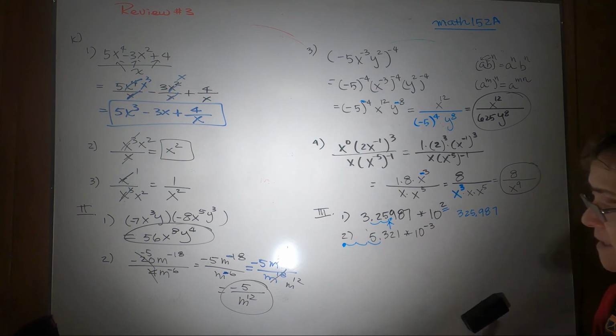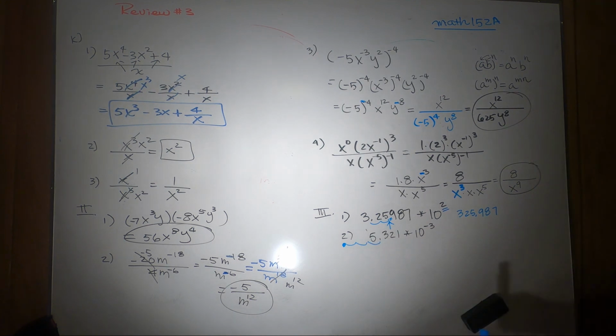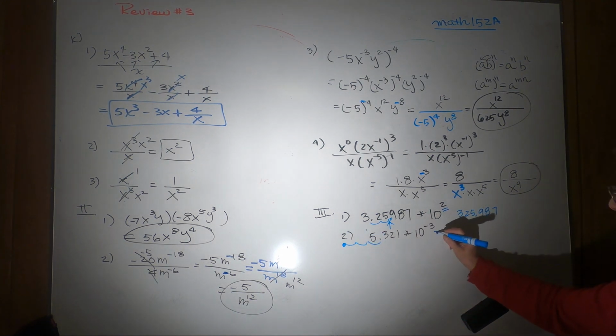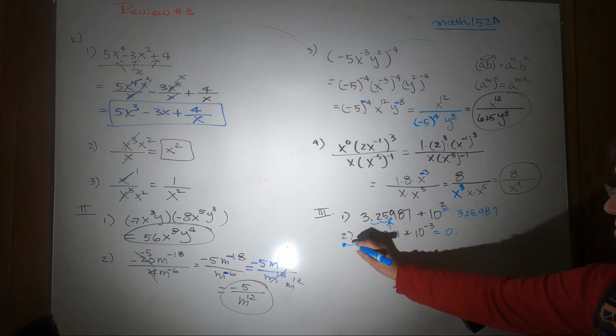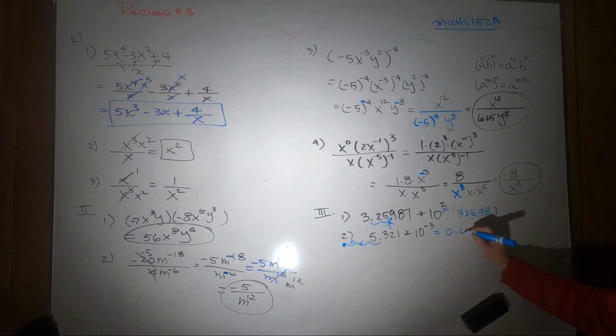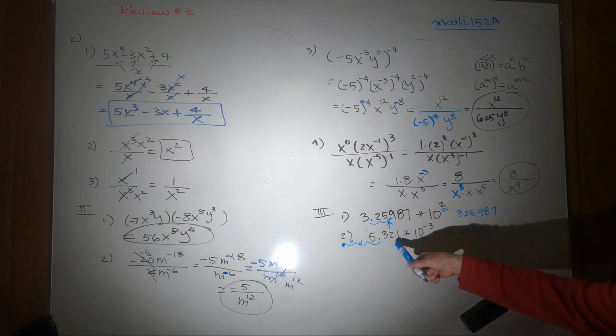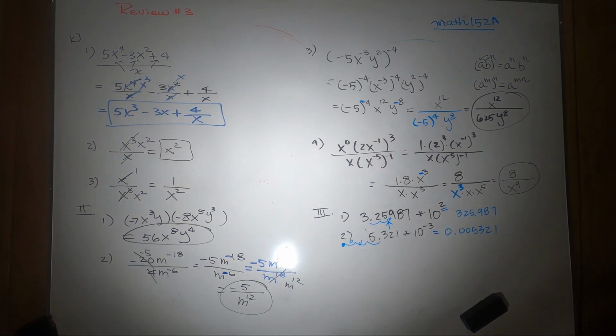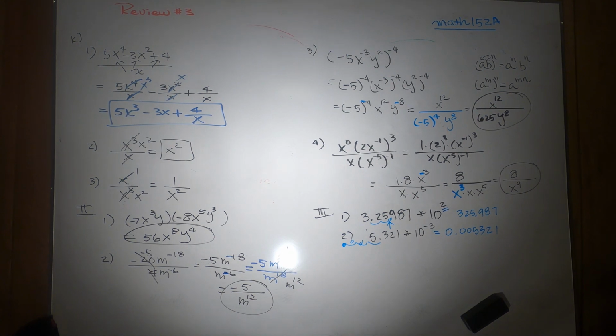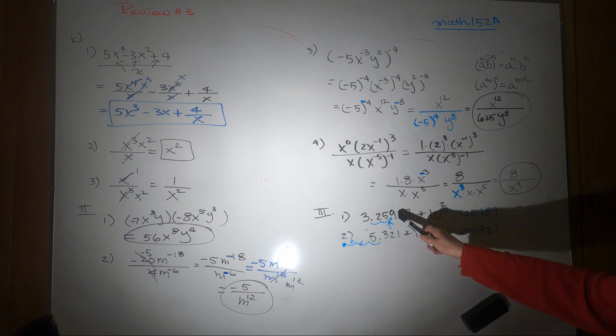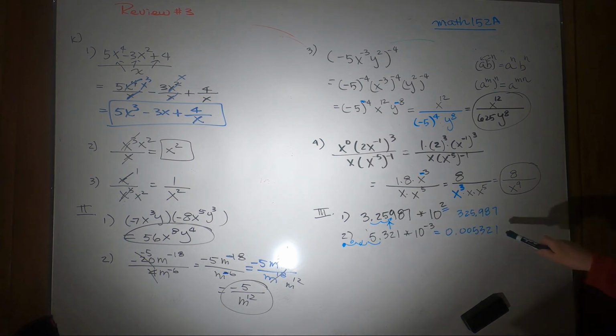So that's your new decimal position. Then the empty space, you do what? 0, right? So that will be 0.005321. Don't drop anything, right? You need all the digits. So we will change the scientific notations to the regular numbers.